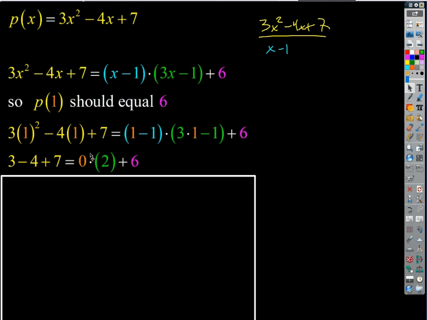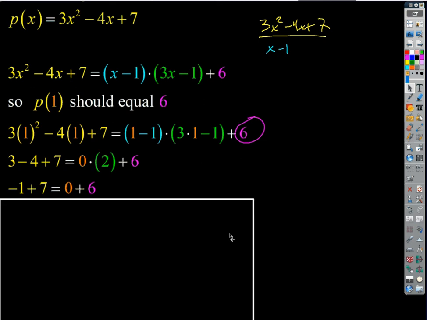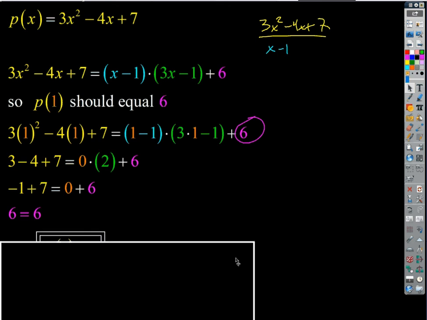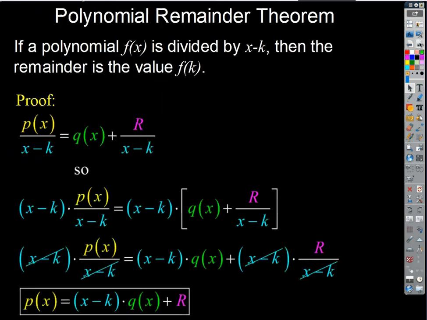So that factor is 0, and 0 times anything is 0. And so the only part left over is just that remainder part. So we end up with 6 equals 6. It worked. So that should work not just for a specific example, that should work for every example.